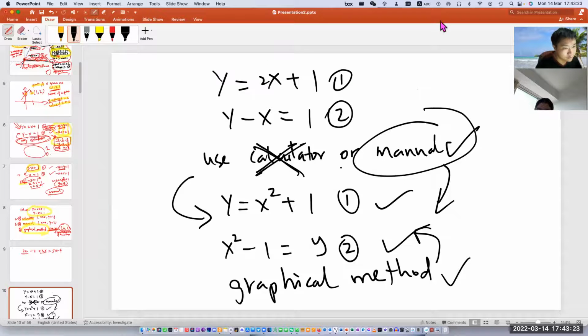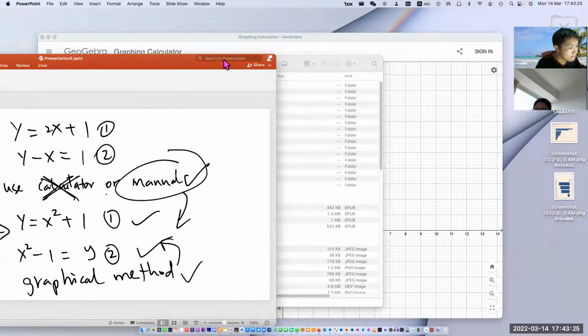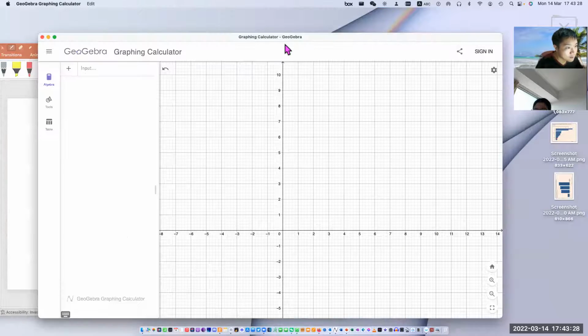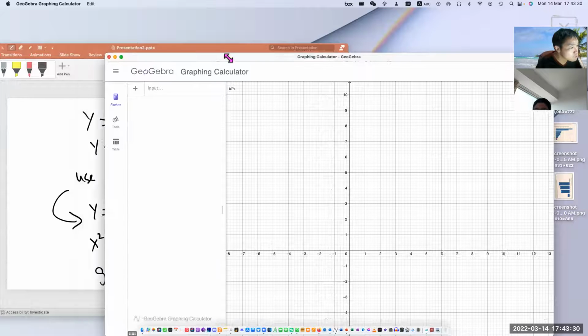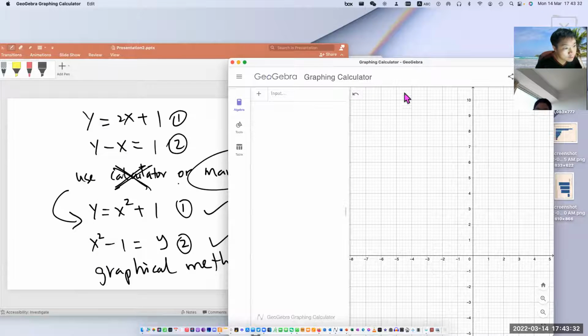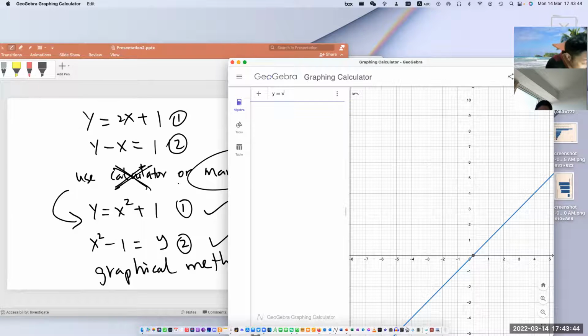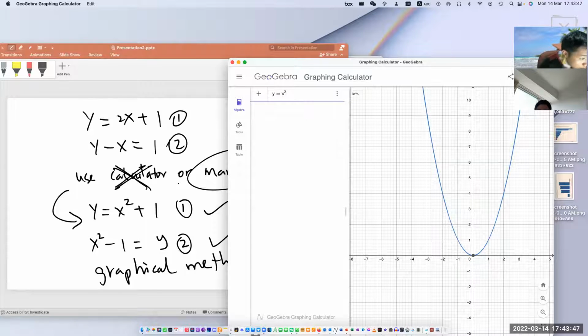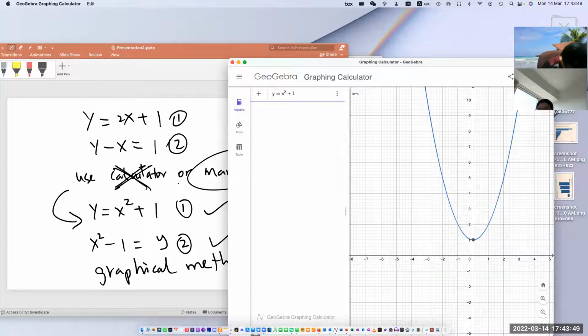Let me show you. You just use the GeoGebra app. Just key in y equals x squared plus 1. Enter. So I have y equals x squared plus 1 out already. Can you see the graph on the right?